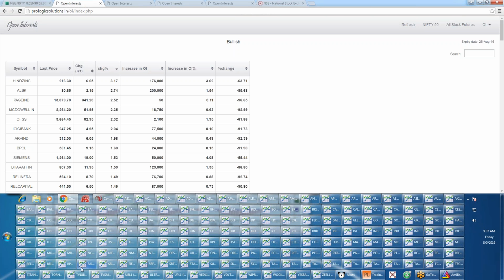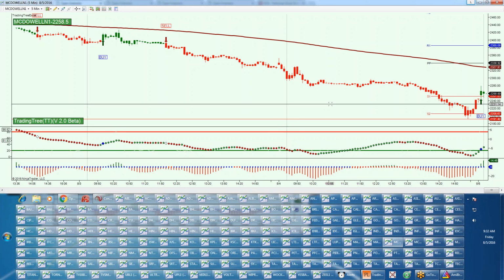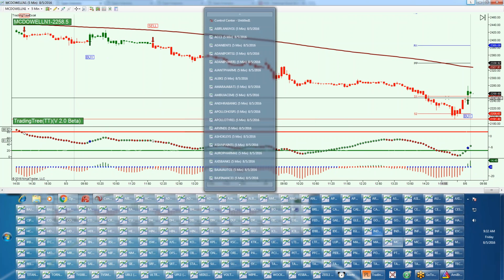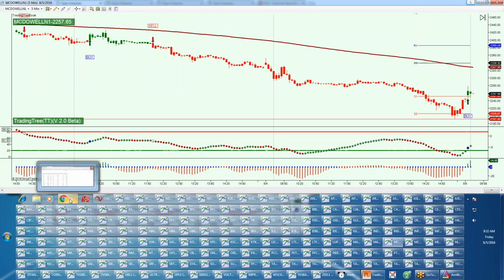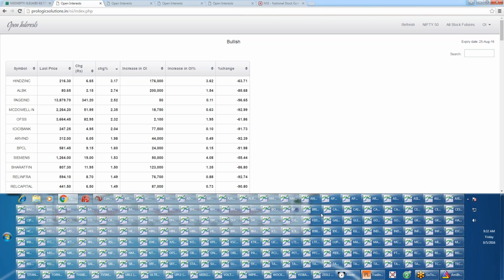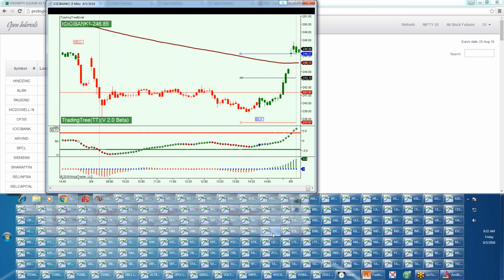McDowell's we had a buy call in the morning. So you can be very firm now, so that if you get this level of 2279, you can buy McDowell's. Now we have ICICI Bank.